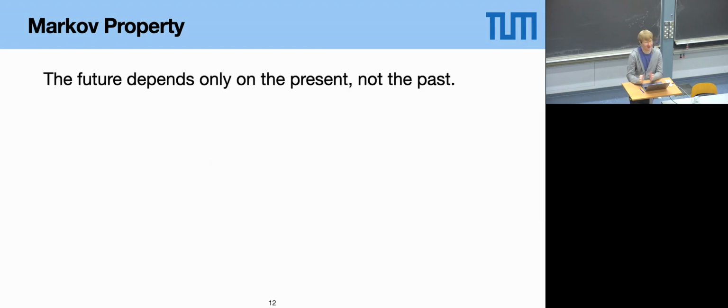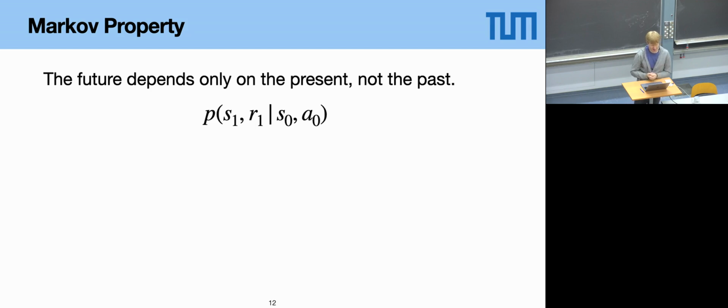As promised before, let's start with the Markov property. What is that? In words, a system fulfills the Markov property if the future depends only on the present, not the past. Mathematically, if your environment transitions from one step to the next, the new state and the reward that you observe depend only on the last state and the last action.